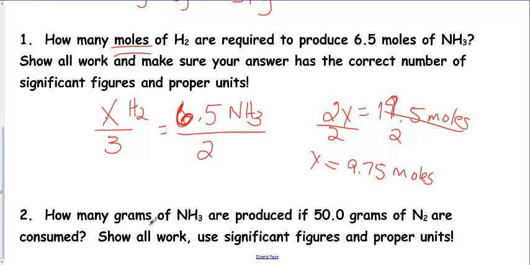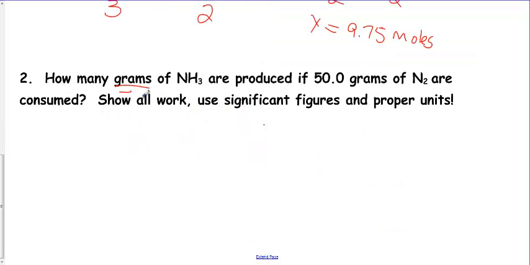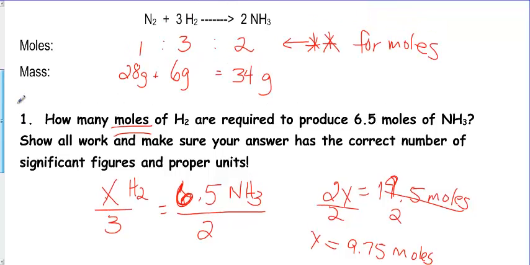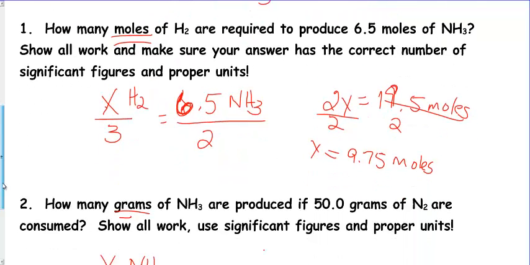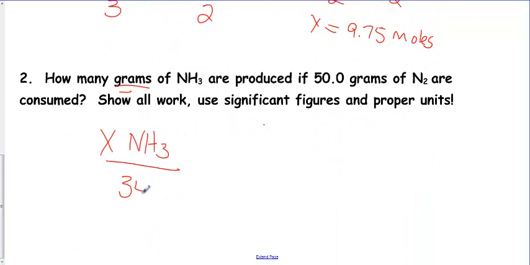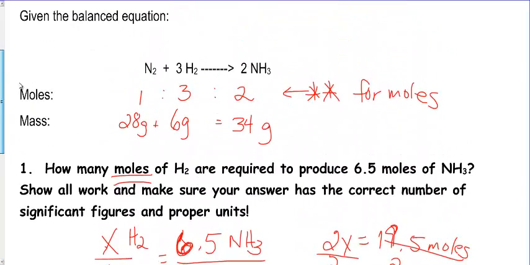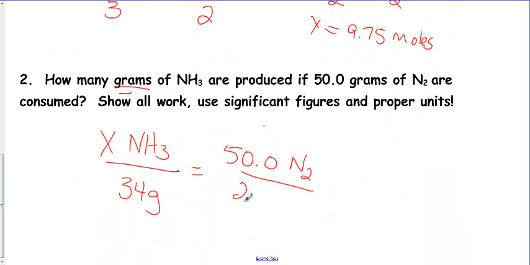Next question. Now it says how many grams? So we're going to use the gram information that we have. It says how many grams of NH3 are produced, 34 grams in this entire reaction, if we use 50 grams of N2. In the general recipe, how much is used? Only 28 grams of N2.